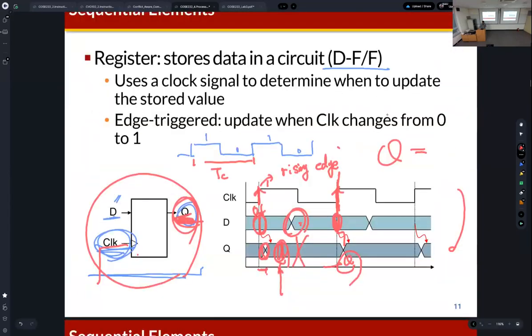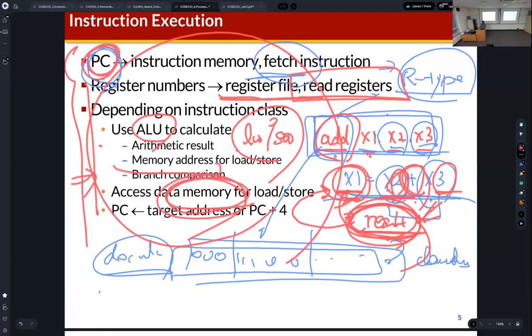I explained how instructions are executed, and which steps are required for executing instructions. So in order to implement the RISC-V processor, we need to implement these required steps using hardware, or using SystemVerilog, right?